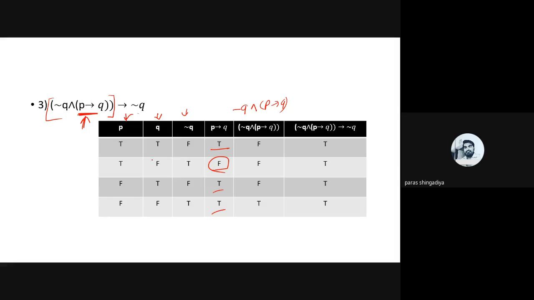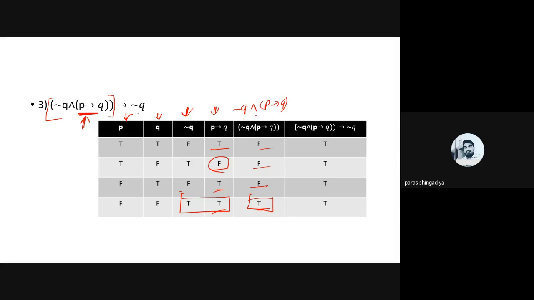So check this value. We have to compare these columns by using the AND operator. So it is F and T, it will become F; T and F, it will become F; F and T, it will become F; and here it is T with T, so it will become T. Only this case in the AND operator gives a true output.